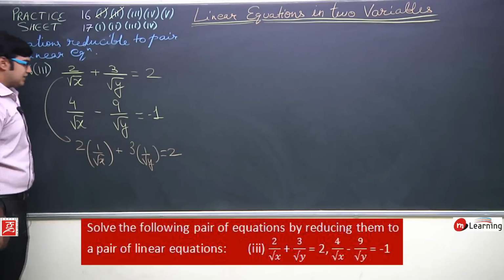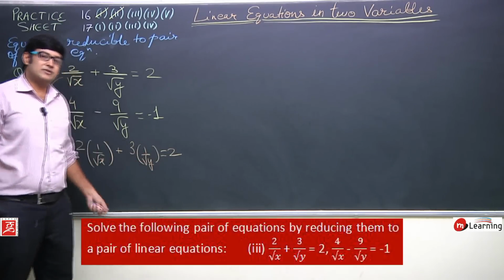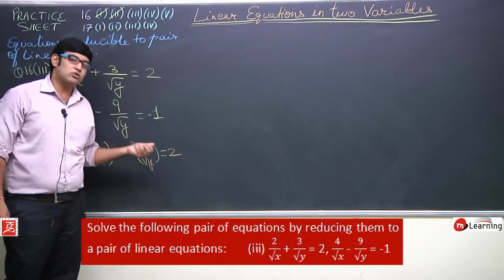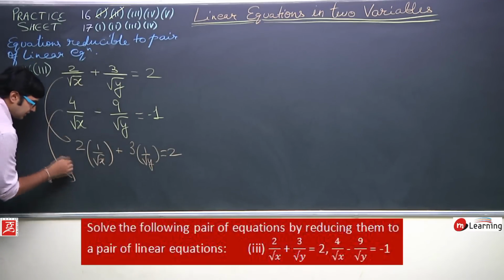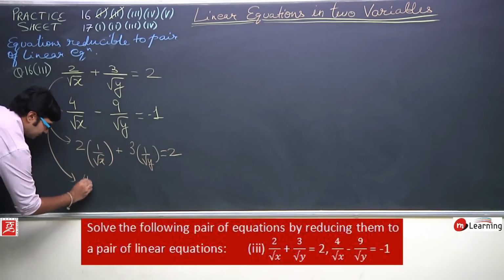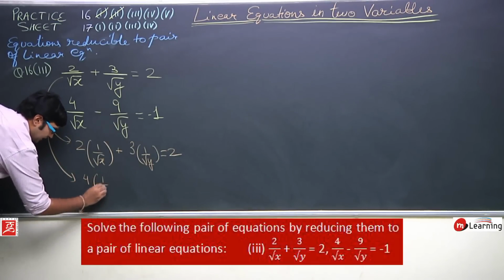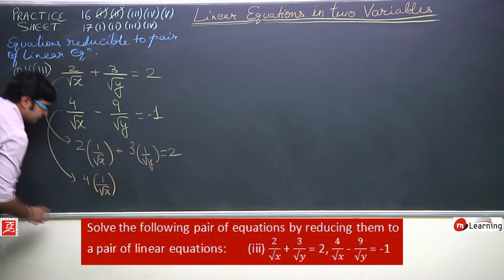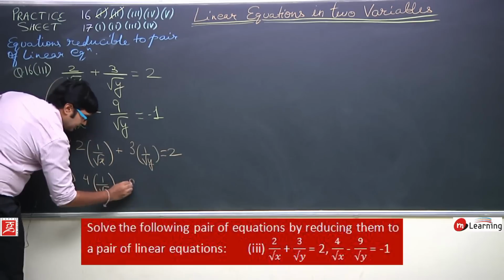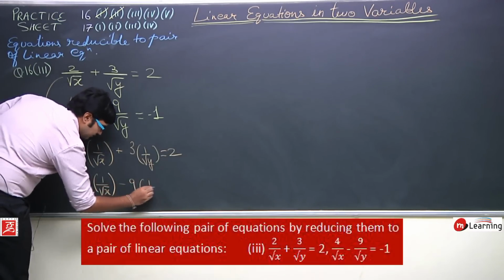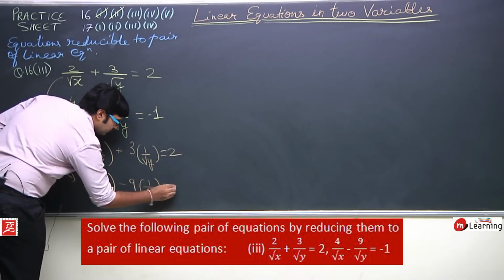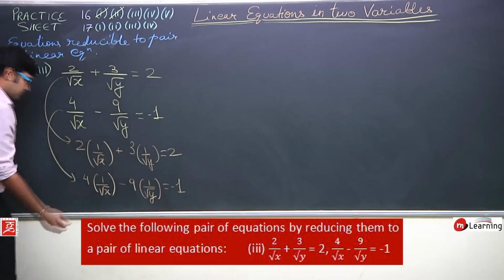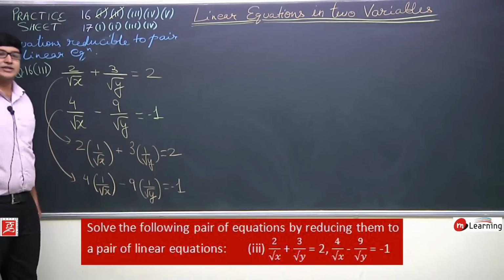And the second equation is 4 times 1 by root x minus 9 times 1 by root y is equals to minus 1. In this manner I can write the two equations.